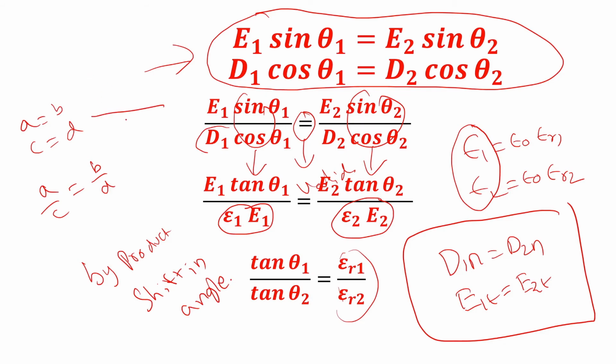See, if an electric field is traveling from medium 1 to medium 2, and theta 1 is the angle with the normal and theta 2 is the angle with the normal in medium 2, to understand the relationship between theta 1 and theta 2 in terms of epsilon r1 and epsilon r2, we may use this expression. But to determine the values of electric field intensities, we use these relations.